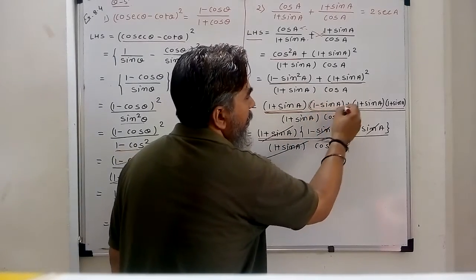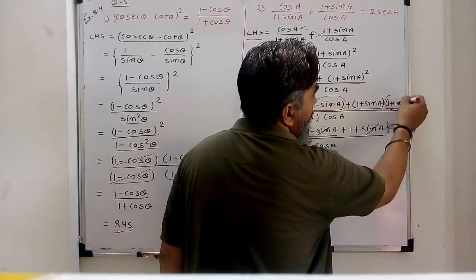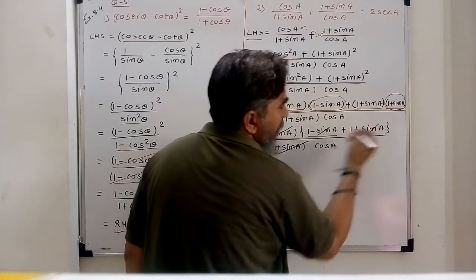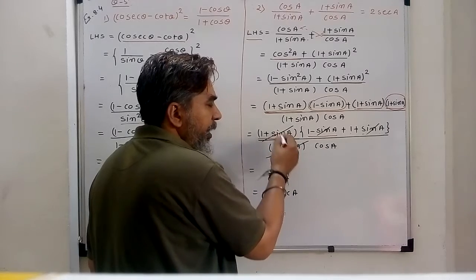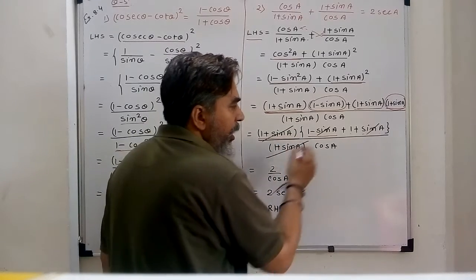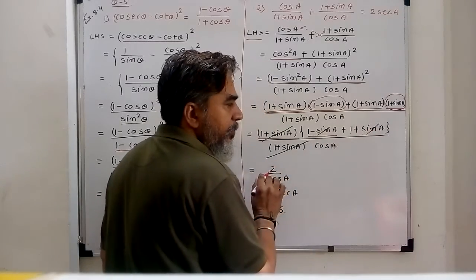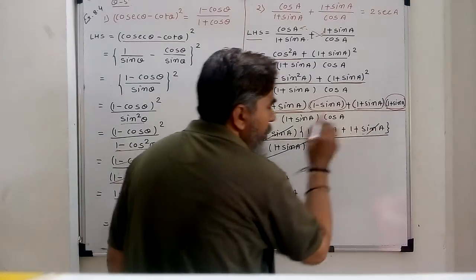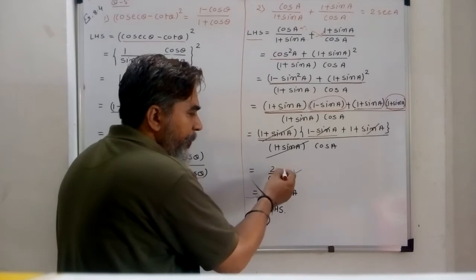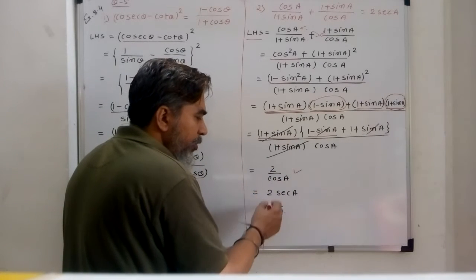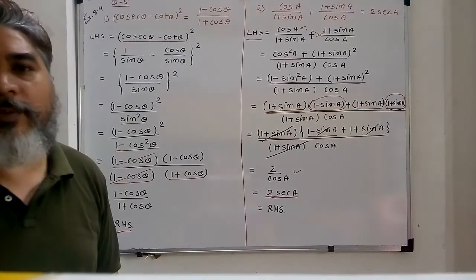So here 1 minus sin a remains, and here 1 plus sin a remains. So in this bracket, (1 plus sin a) cancels between numerator and denominator, and in the second bracket, minus sin a plus sin a also cancels. So here 1 plus 1, that is 2 upon cos a, remains. But 1 upon cos is equal to sec. So 2 into sec a is the RHS and the final answer.